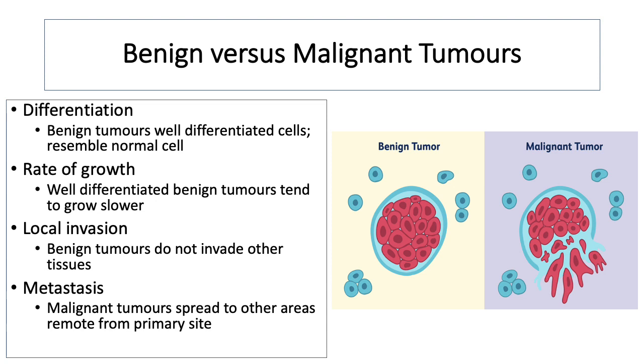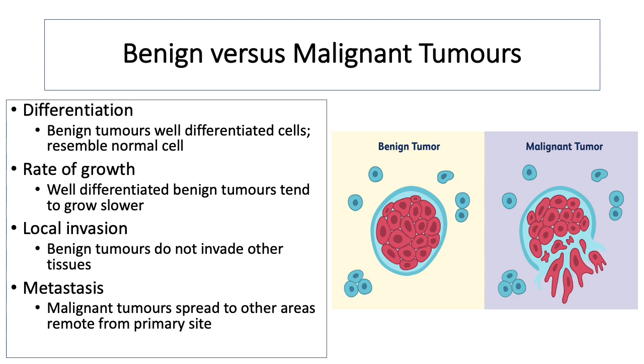So these cells ordinarily would just grow in situ wherever they are and would not migrate to other parts of the body. The moment that we define a neoplasia as malignant, this is then what we call a cancer, when the cells or the cancerous cells metastasize and move to other parts of the body. So here I've put 4 key differences between a malignant and a benign cancer. So malignant and a benign tumor, not a cancer.